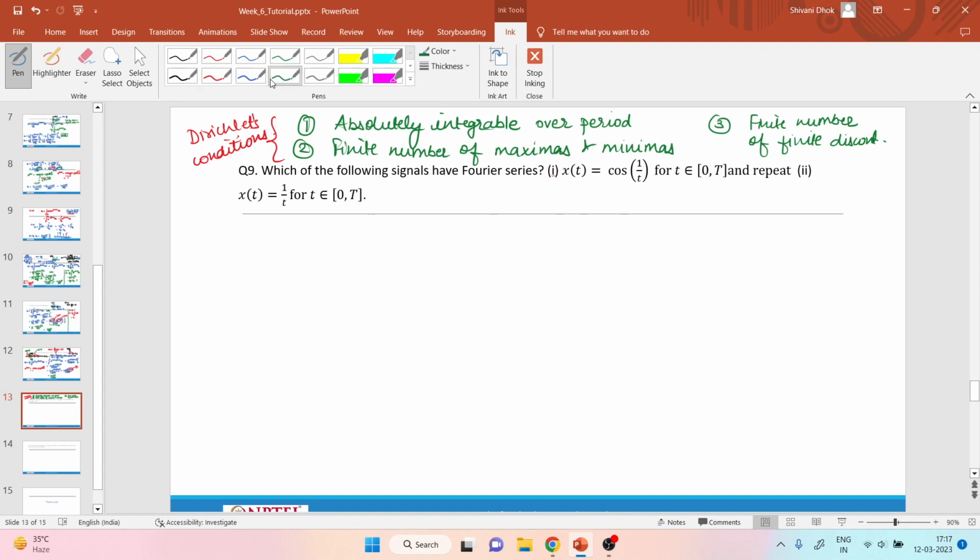Okay, so we need to find whether the following signals have a Fourier series or not, whether it exists or not. The first signal is this x(t), which is equal to cos(1/t). Now by looking at this, we are not able to figure out what exactly is happening, so we'll try to draw this. This is with respect to t, and this is for 0 to T, and then it repeats and so on.